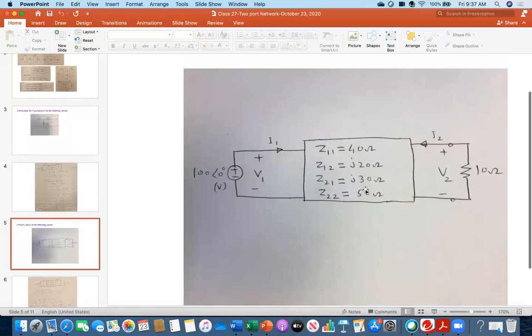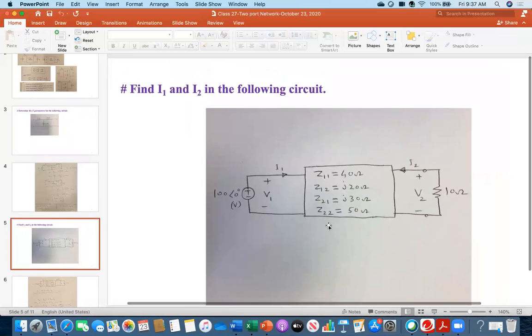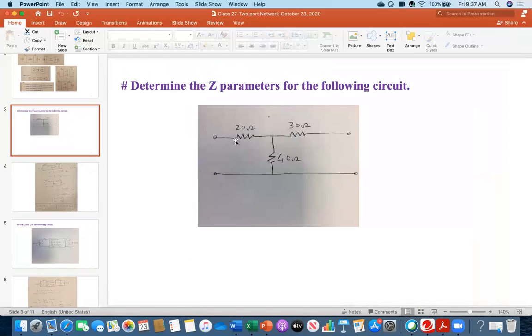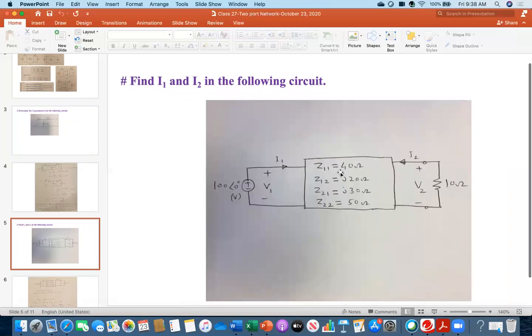So everybody see, in this case, what is the question? Find I1 and I2 in the following circuit. In the previous case, we calculated G parameters from the circuit. In this case, the G parameters are given: G11 is 40, G12 is j20, G21 is j30, G22 is 50 ohm.